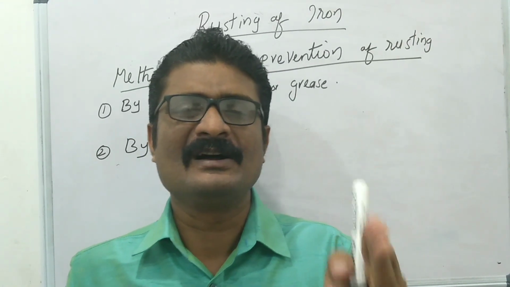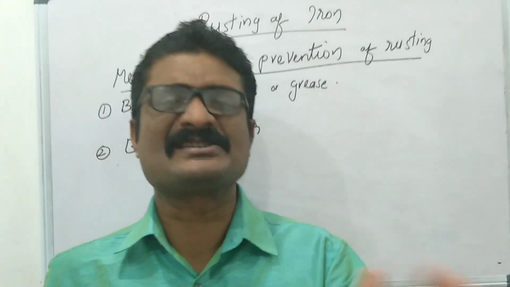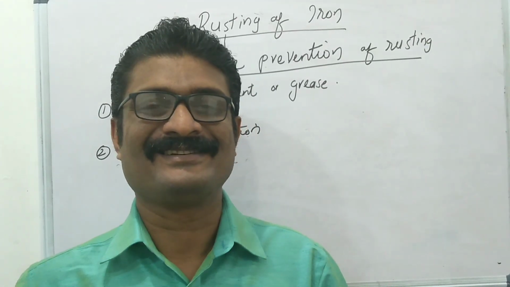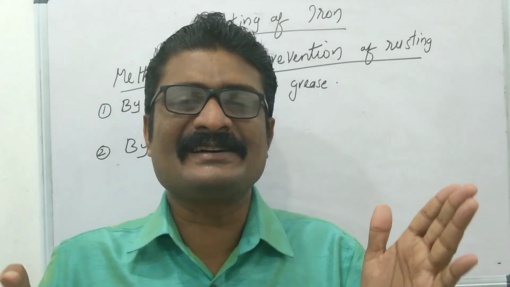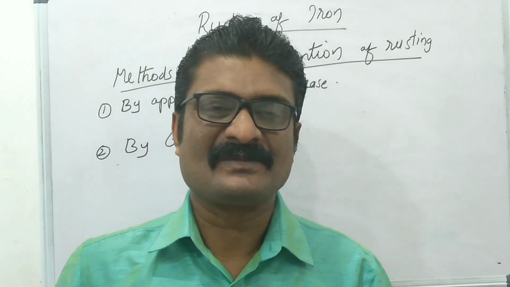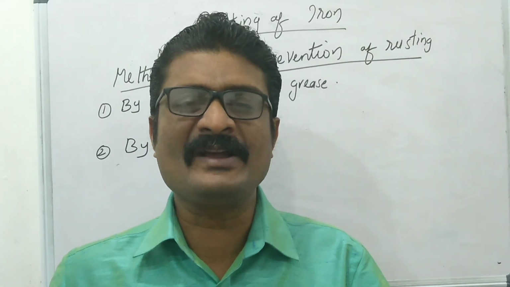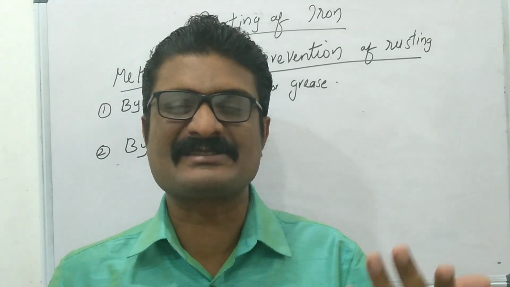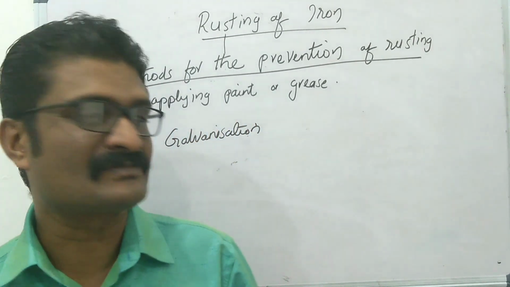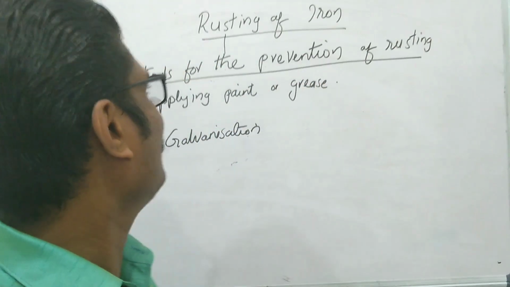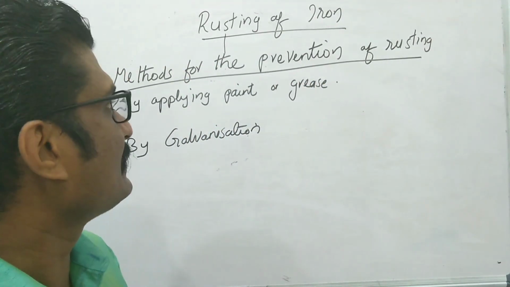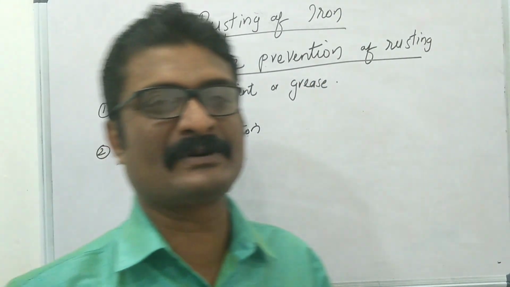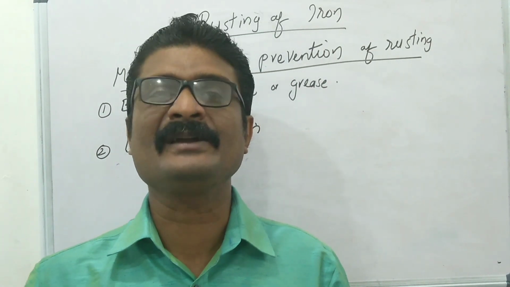Galvanization of iron prevents its rusting. Galvanized iron sheets are used for roofing and for making buckets, drums, etc. These are the important methods for the prevention of rusting.